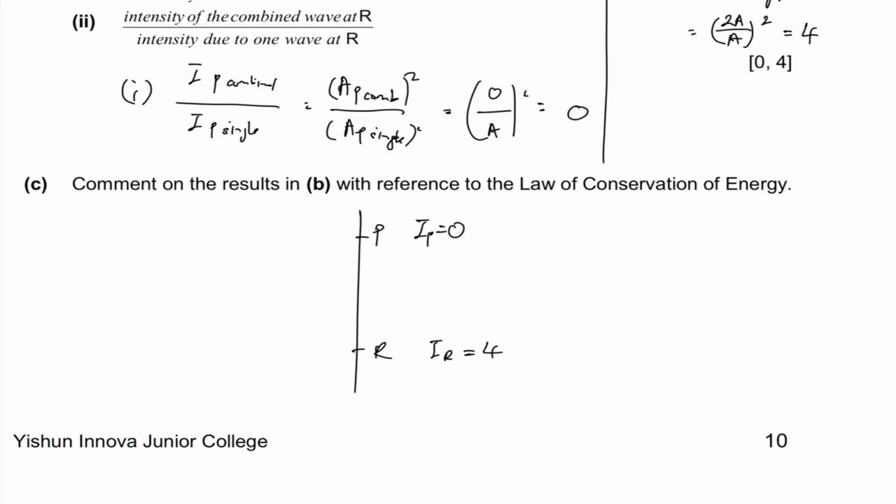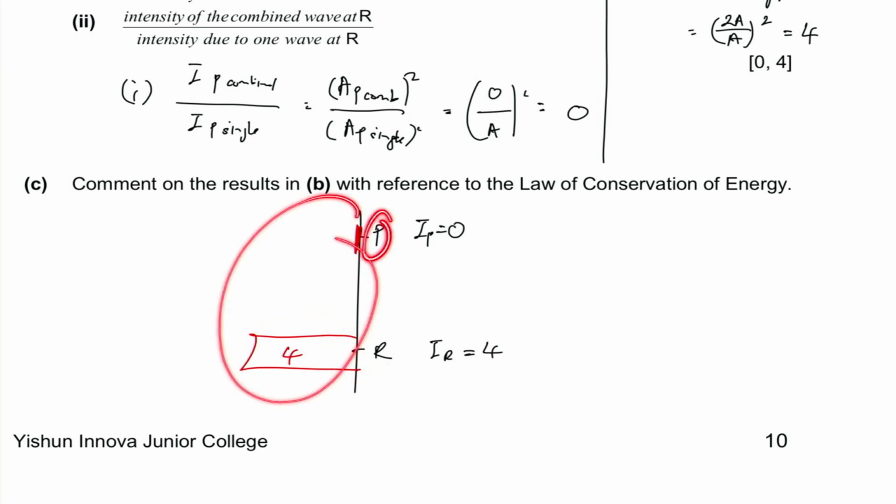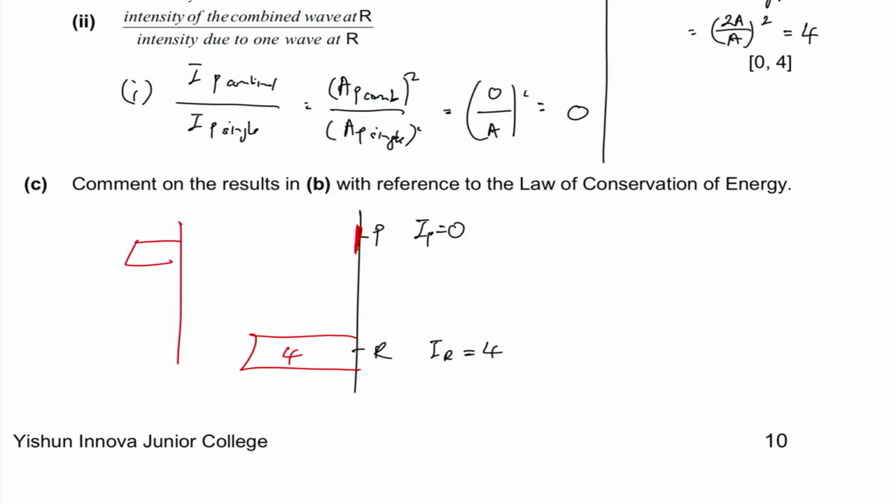This is a quick estimation. If you were to draw a bar chart of these two, this value is 0 and this value is 4. If I redistribute this total amount between P and R evenly, at P you get 2 and at R you get 2. So the total energy is still the same.